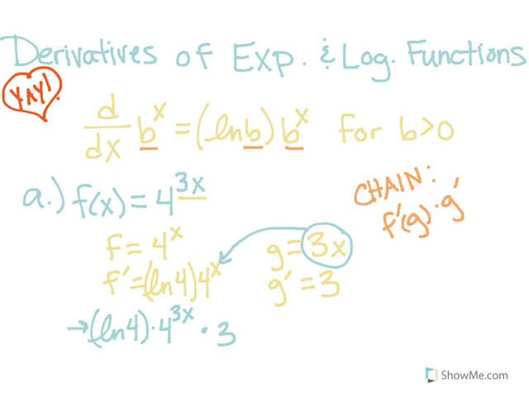To clean this up a tiny bit, we can multiply this ln of 4 by the 3, and it would look something like this: 3 ln of 4, which needs to stay inside parentheses, times 4 to the 3x. So that's how we use this new rule.